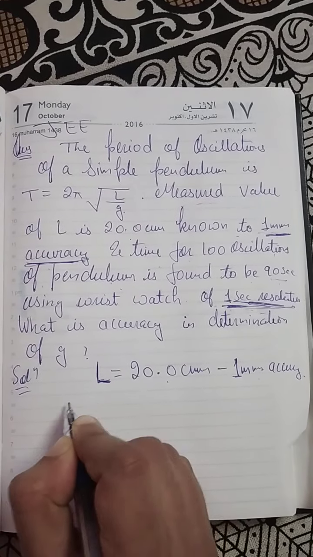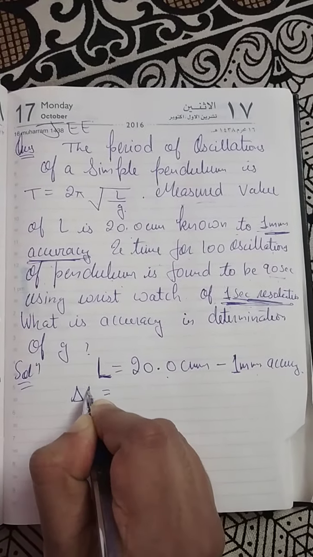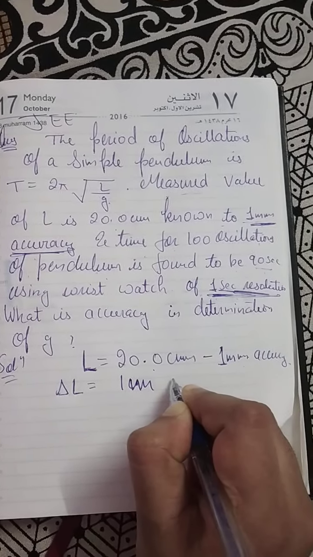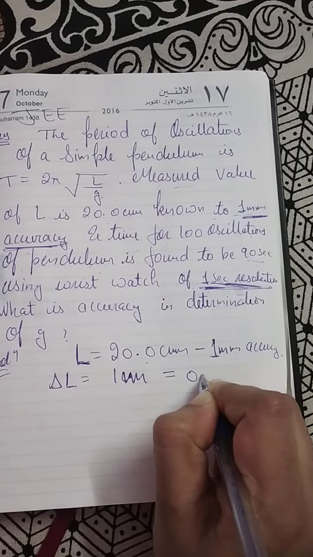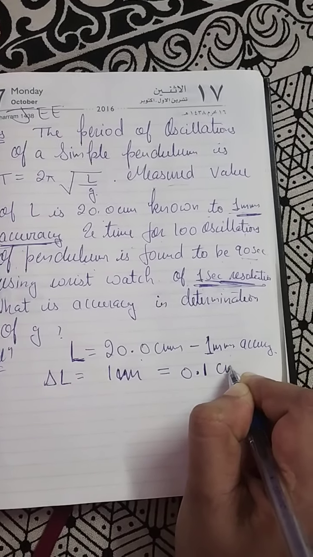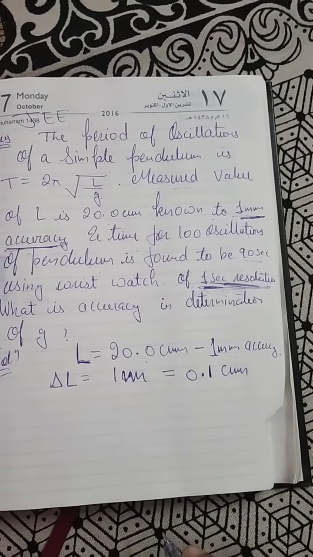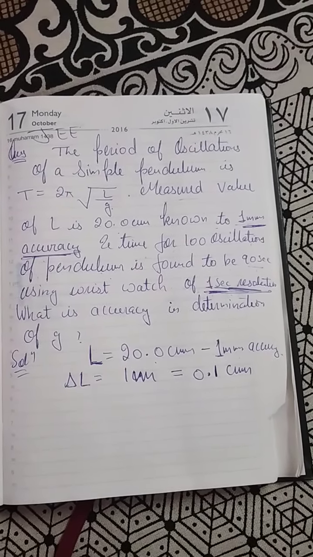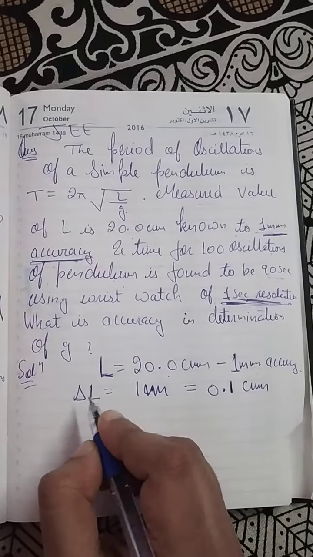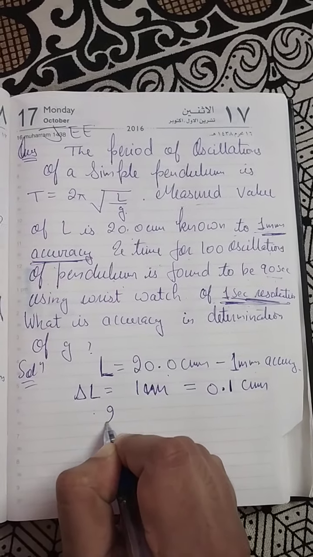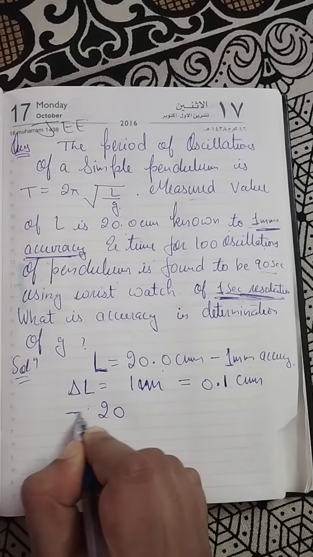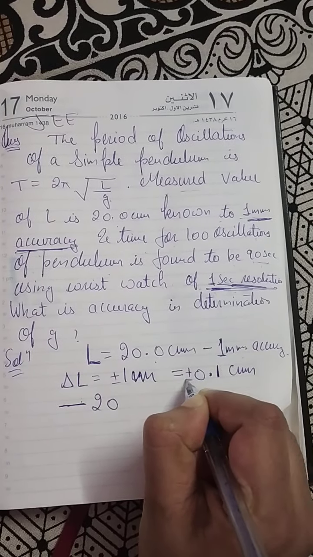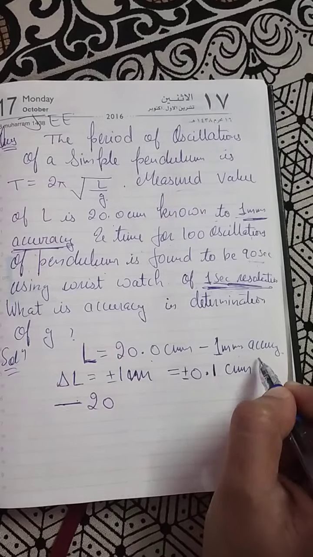That is delta L is equal to 1 millimeter, or 0.1 centimeters, because this is in centimeter, correct? What does it imply? It means the actual length is 20, so it might be plus minus delta L. It is the absolute error in L, which is the 1 millimeter accuracy.